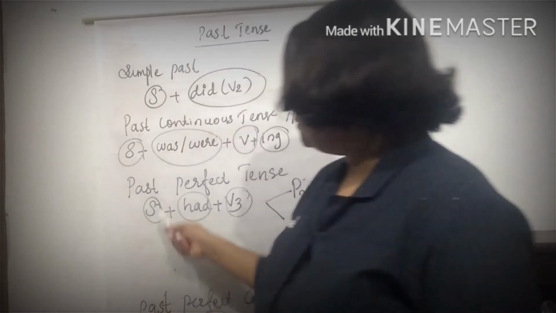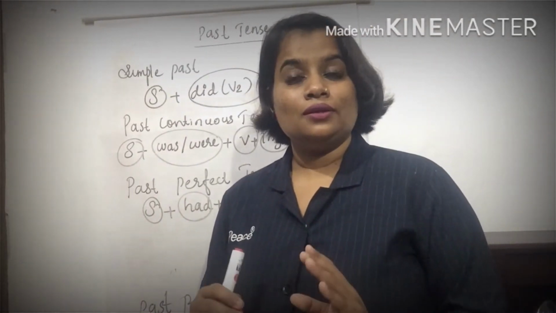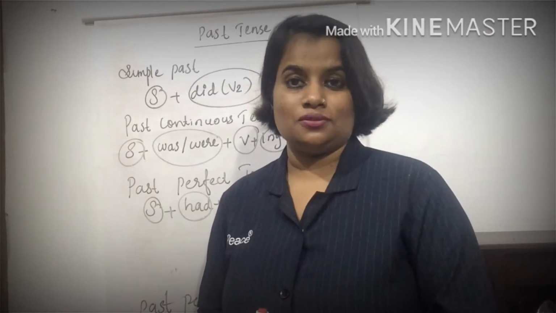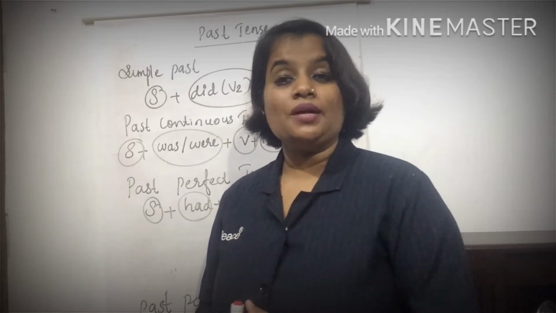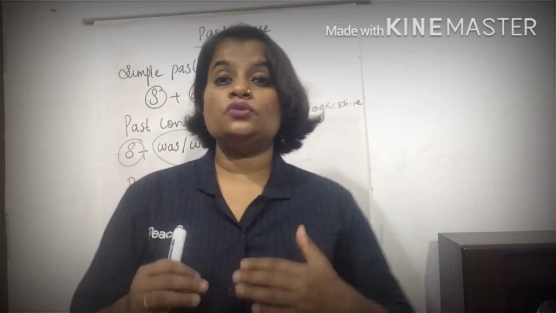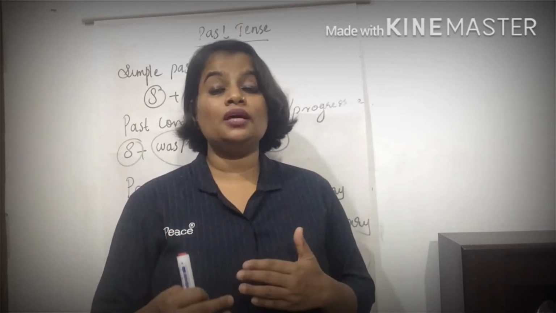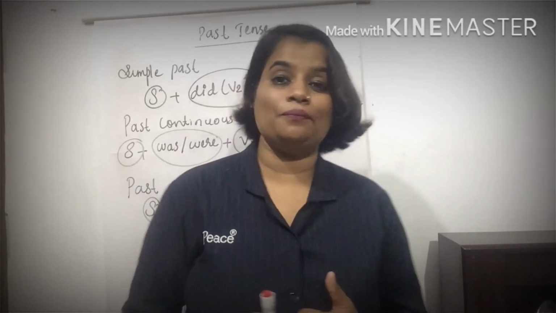Past perfect tense, I tell you, has two actions: the primary action and the secondary action. The action which happened in the past before the other event happened. I'll give you an example.